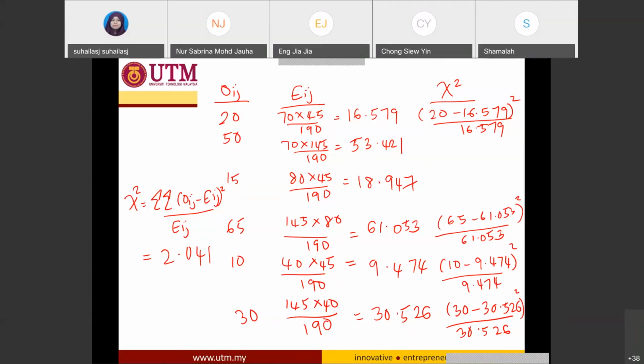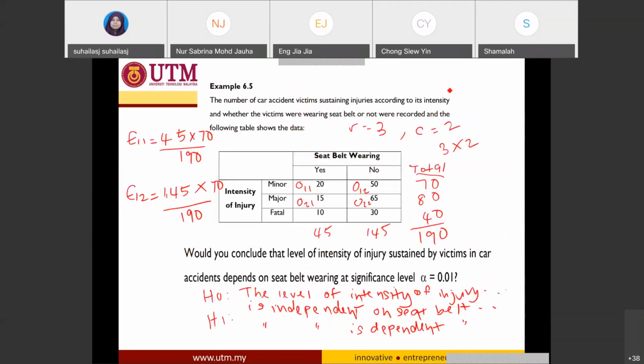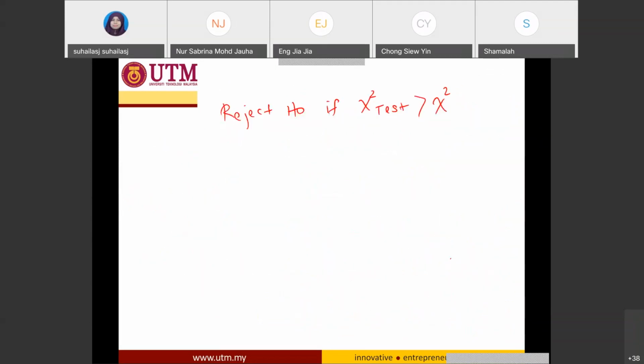So next step, since we already computed your chi-square is 2.041, you write down your decision rule. We reject H naught if the chi-square test is greater than chi-square alpha, so in this case, your alpha should be 0.01.